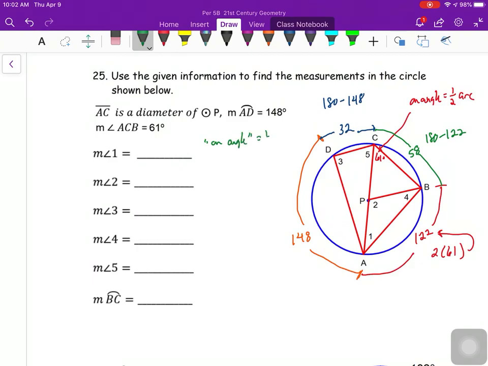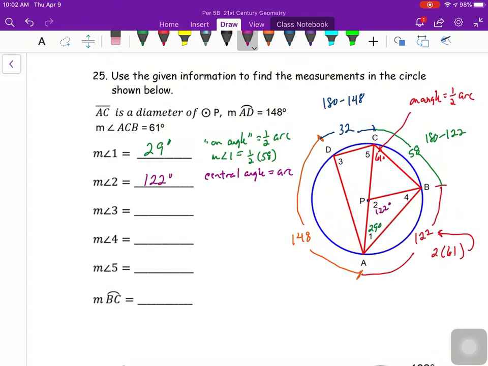Okay, so let's see what we can do. Angle 1 is an on angle. It equals half of the arc. So the measure of angle 1 will equal half of 58. And half of 58, 29. Angle 2.